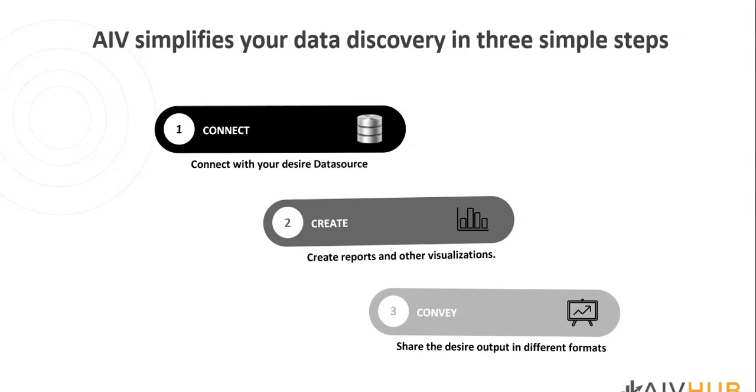Once it is connected, you can start building your own reports and dashboards using the various visual libraries, and you can convey the output into different file formats such as JSON, XLS, dashboard, PDF, or anything.